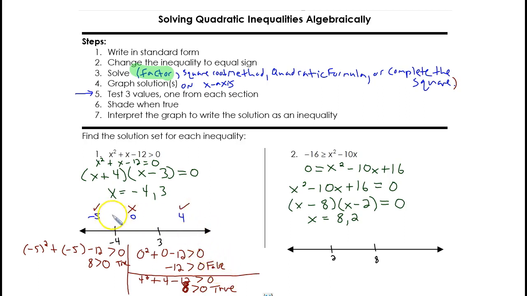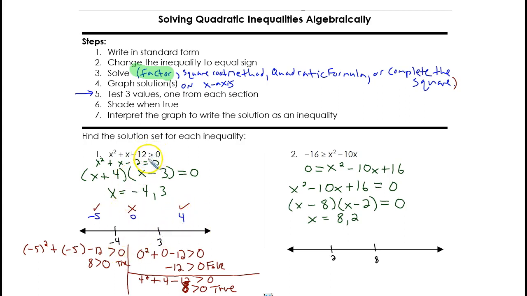So we end up with this situation where things that are to the left of -4 work. If -5 works, then everything to the left of -4 works. Things that are between -4 and 3 do not work. If there's one number that doesn't work, none of them work. And everything to the right of 3 is going to work if 4 works.